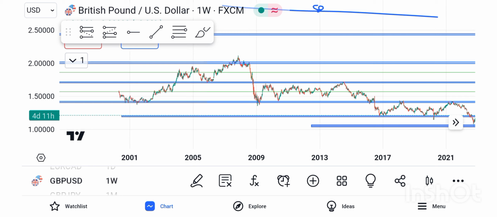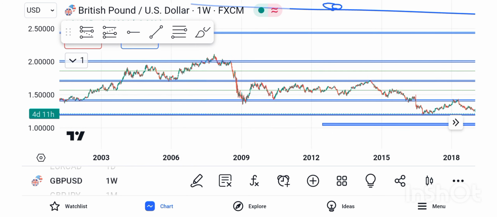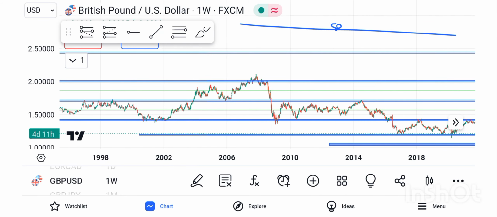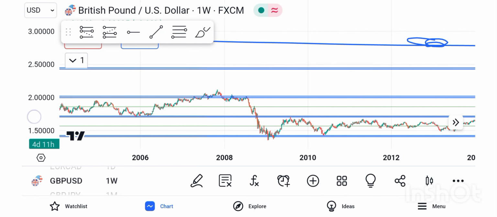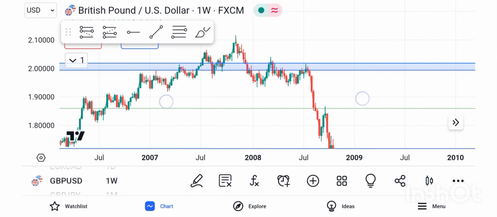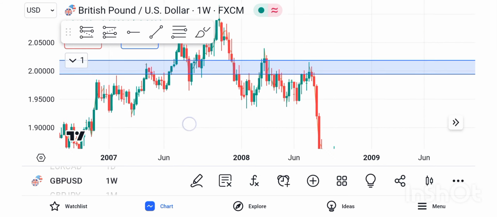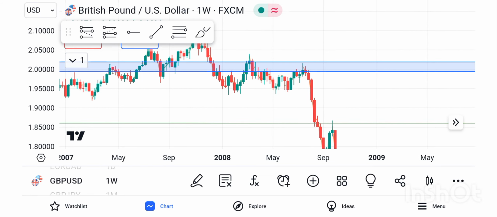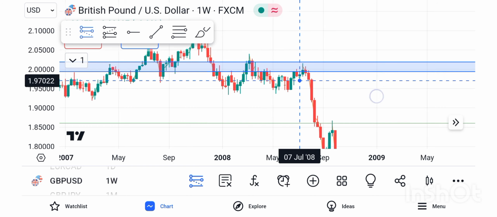We're looking at the GBP USD chart. Let's just assume we entered our trade at this sell.